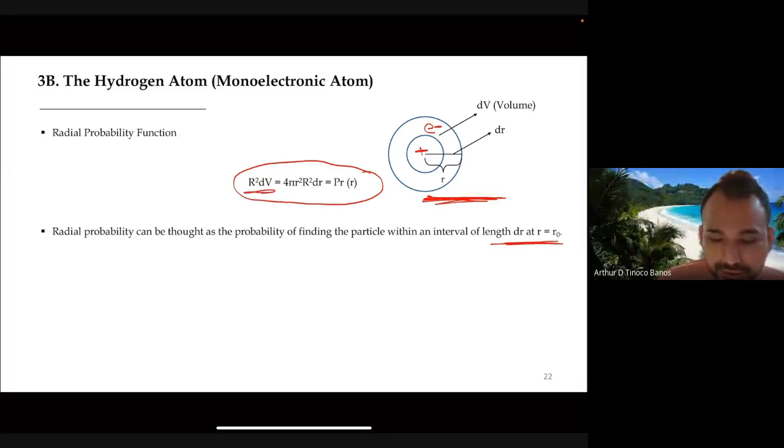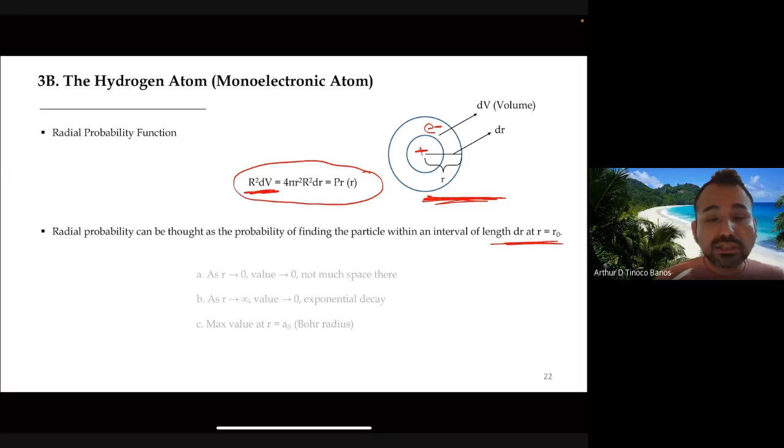Keep in mind that this particular wave function is squared, and so we're going to see what happens in terms of the graphical representation. Now, this particular model is a little bit different than the other model we were looking at. As the value of r approaches 0, the probability of finding the electron approaches 0.